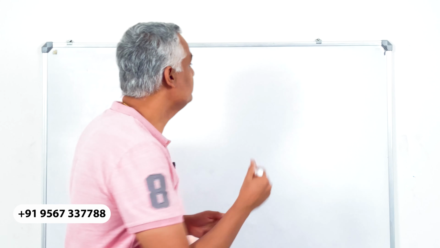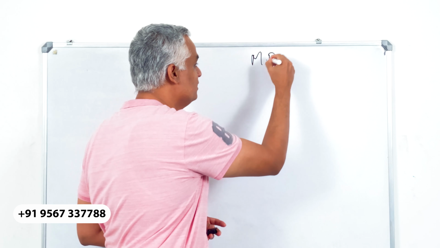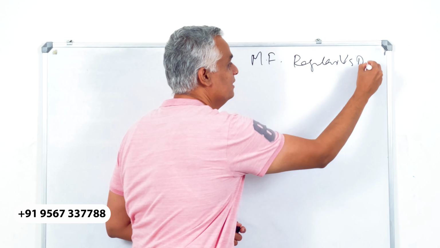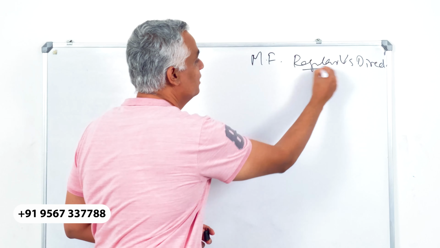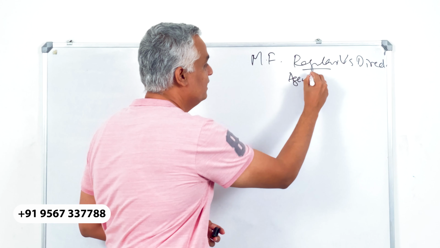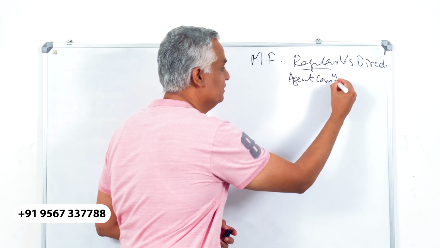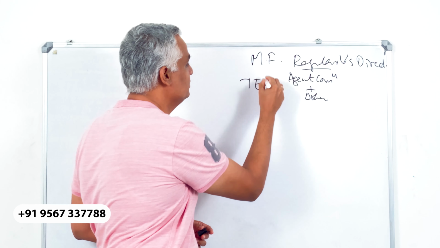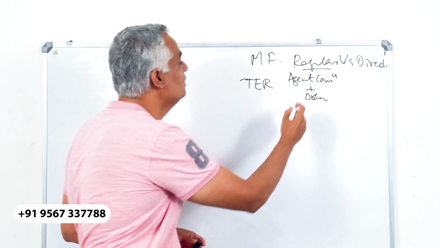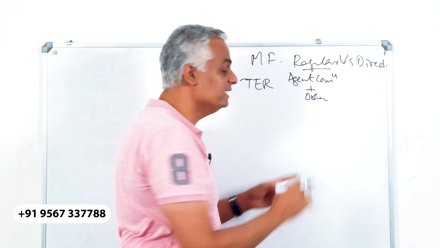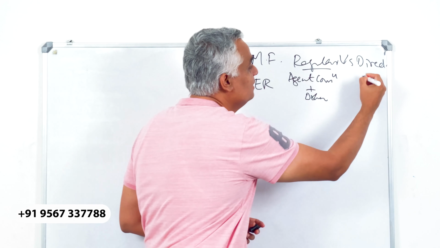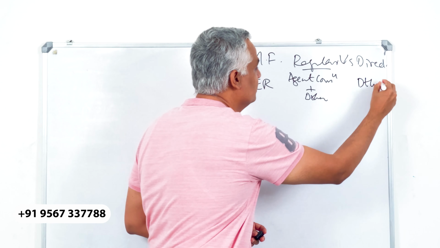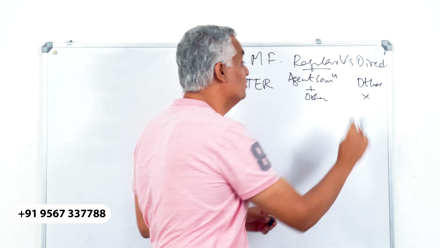So the difference between regular and direct in mutual funds is that in regular, the mutual fund agent's commission is there plus other expenses. The total expense is called the total expense ratio. In a direct plan, only other expenses are there. The agent's commission part is not there.